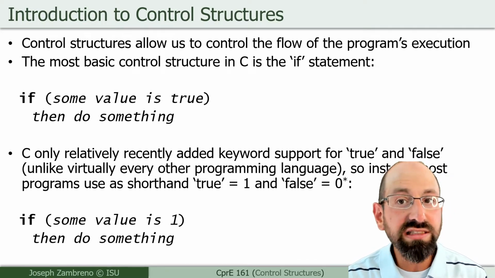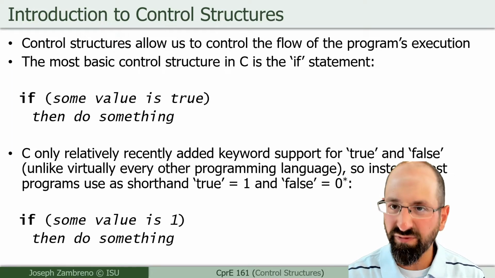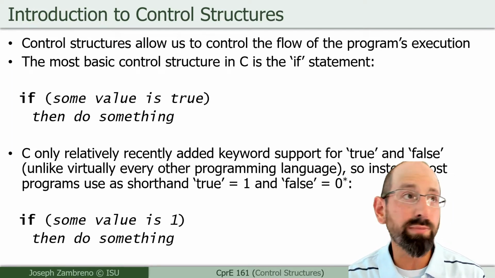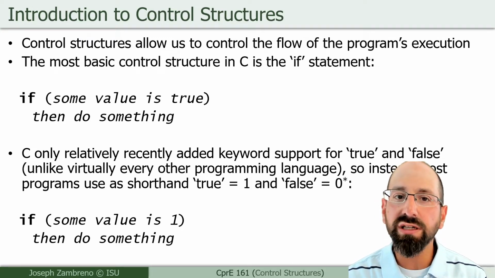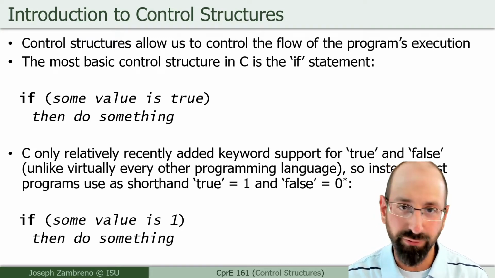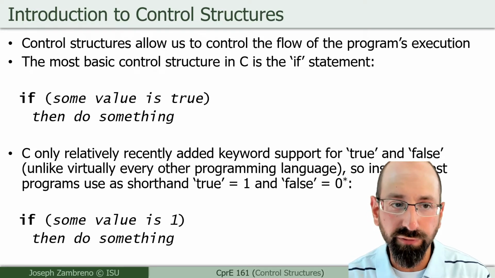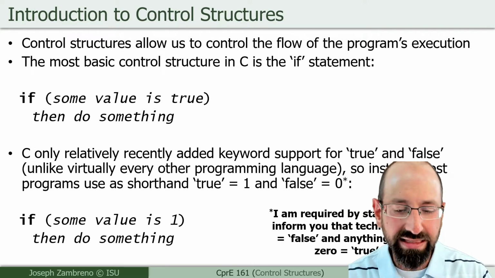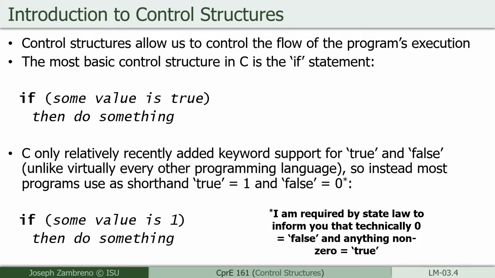C actually does have support for the true and the false keyword, but that's a very recent addition. So most examples and most programs you'll see out there use as shorthand the value of 1 for true and 0 for false. Even that isn't 100% correct. Technically 0 is false for those if statements, and anything that's non-zero is true.